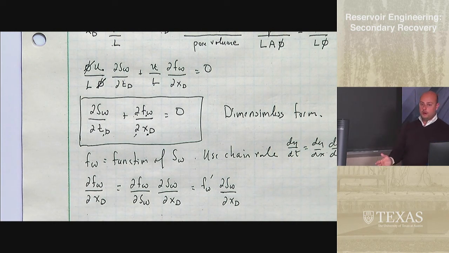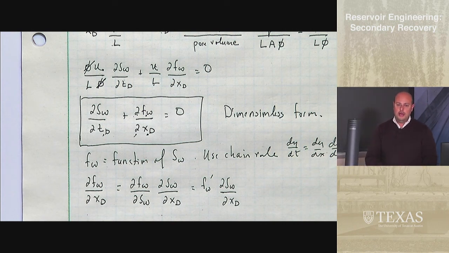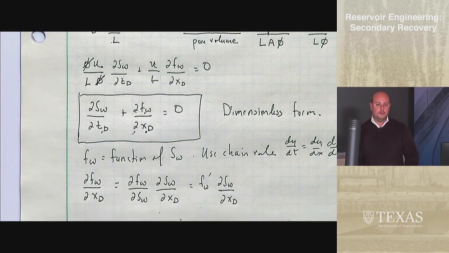Now, on your homework and on the PowerPoint slides in the last chapter, I not only had you make plots of fractional flow versus saturation, but the derivative of fractional flow versus saturation, or fw prime. So now it should be apparent why I asked you to do that. Because we're not just going to be using fw, but we're going to be using fw prime as well.